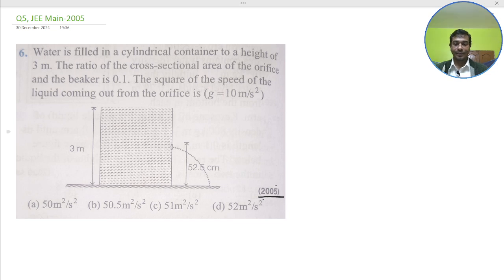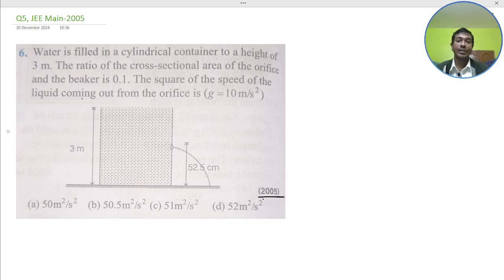2005. They are saying that water is filled in a cylindrical container to a height of 3 meter. The ratio of the cross-sectional area of the orifice and the beaker is 0.1. The square of the speed of the liquid coming out of this orifice is what?